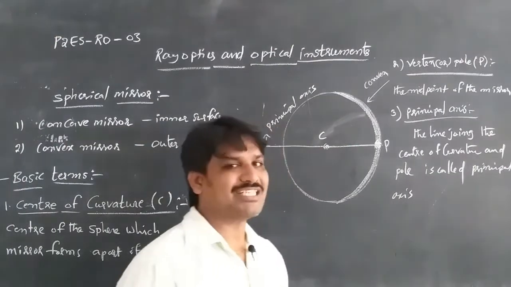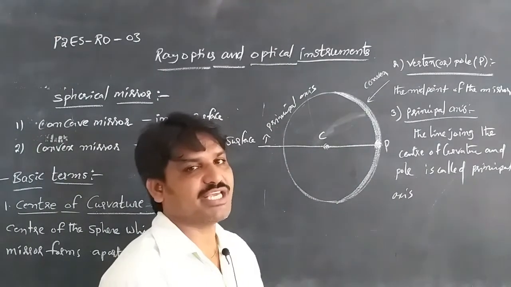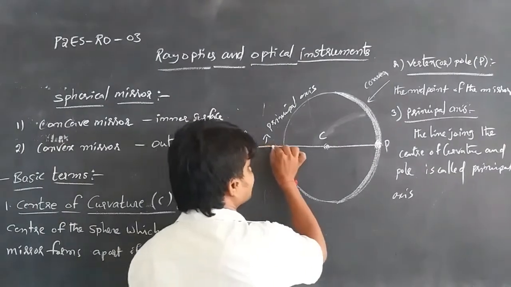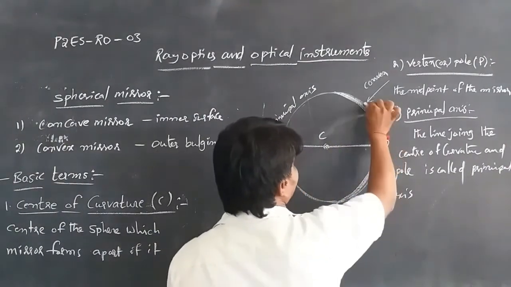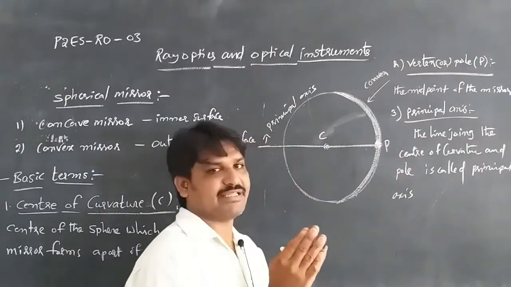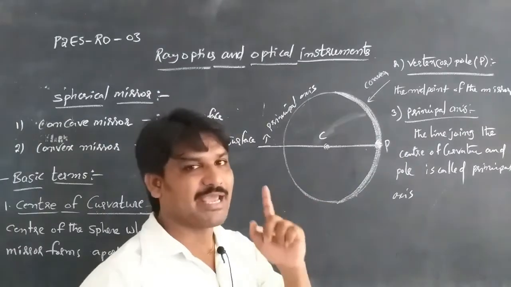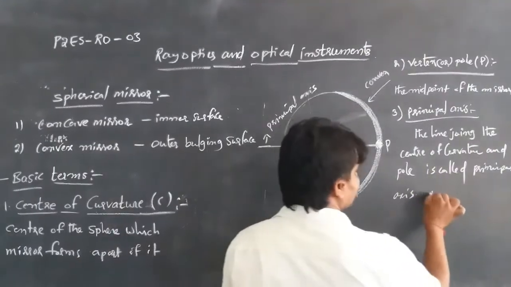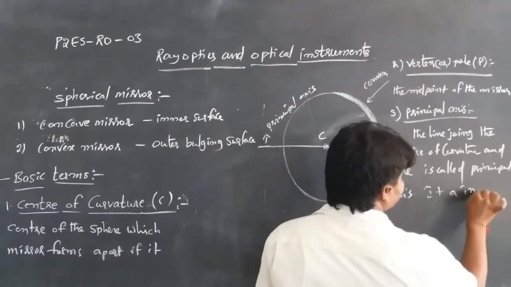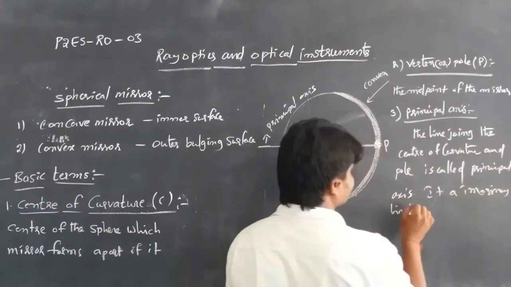The principal axis divides the mirror into two equal parts. The sphere can be divided into two equal parts by it. It is an imaginary line.